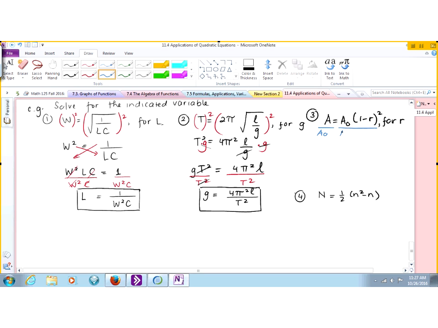Divide both sides by A naught. So A over A naught is equal to 1 minus R squared. And then what? What would you do here? Any idea?